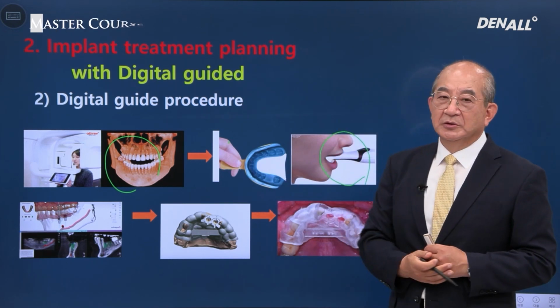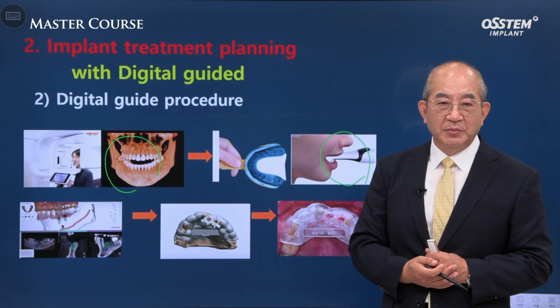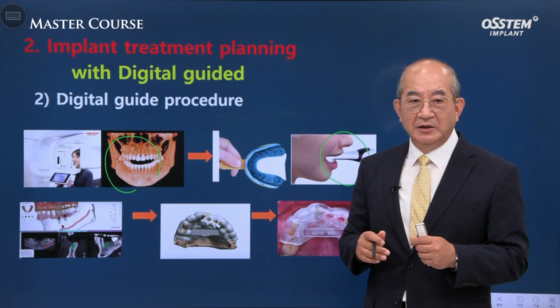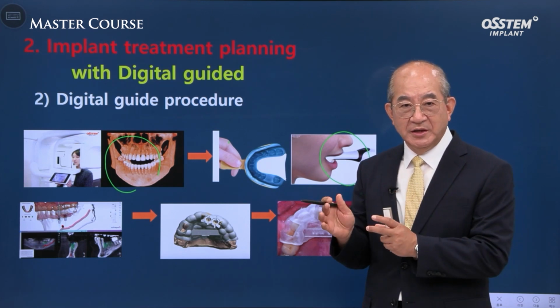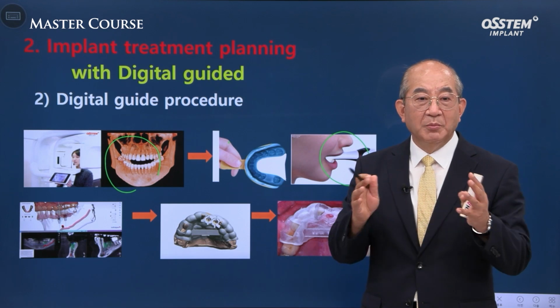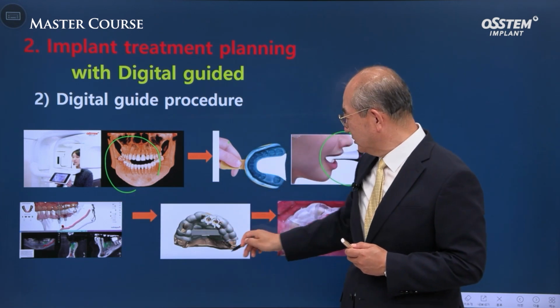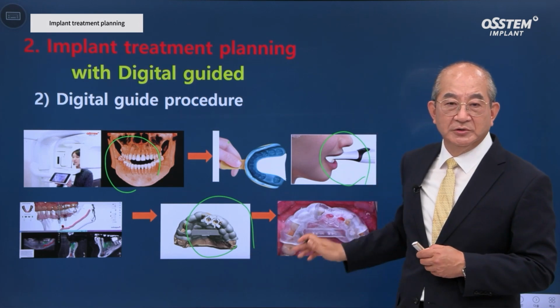By using an intraoral scanner, the oral cavity is reproduced. By using these two data, CT data and surface data combined, you can design and fabricate guides, which can then be used for actual implant placement.